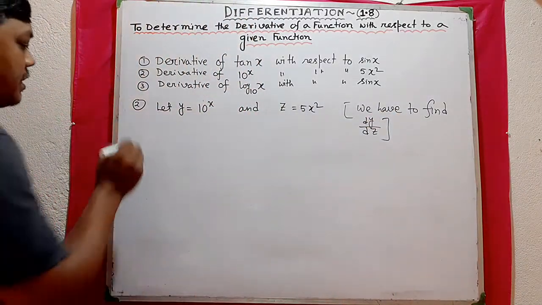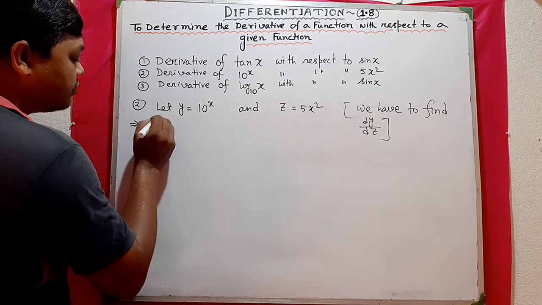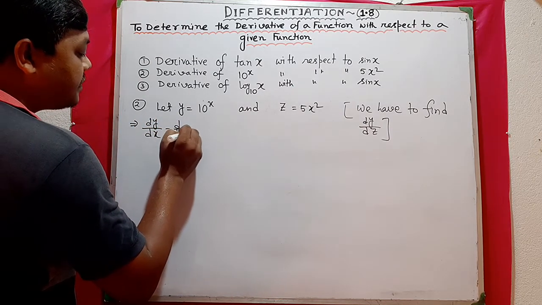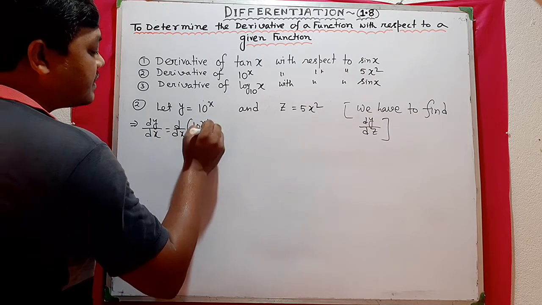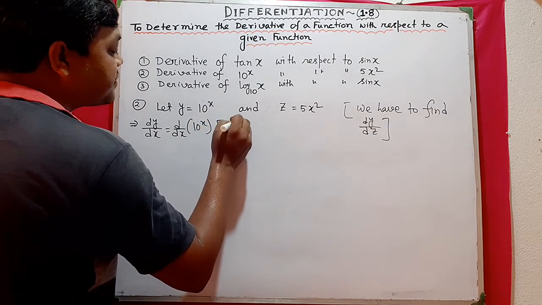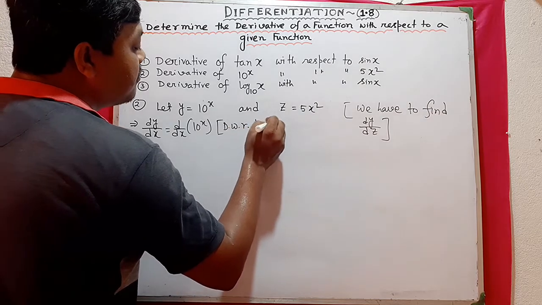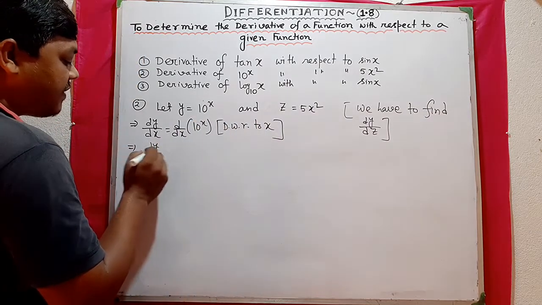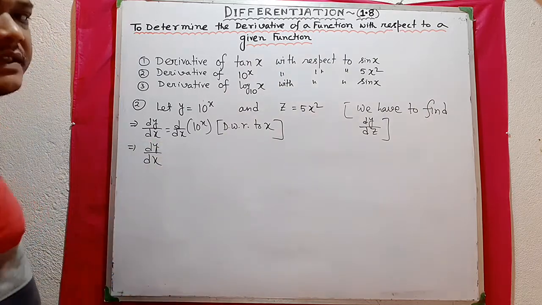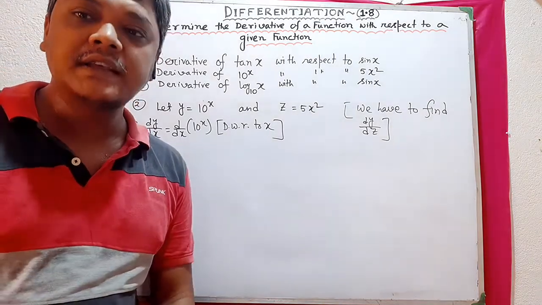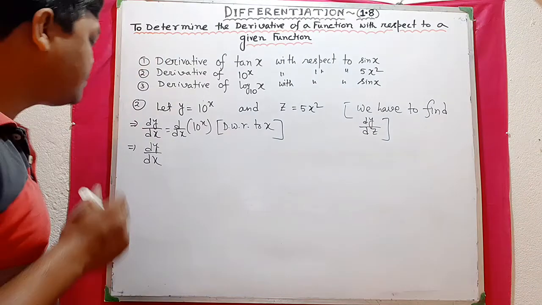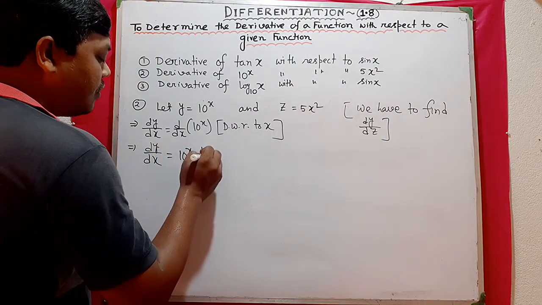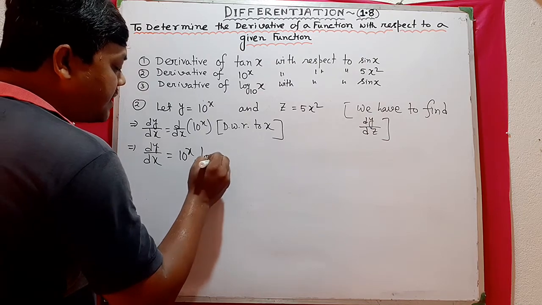So now dy/dx equals d/dx of 10 to the power x. Now differentiate with respect to x, both sides. What is the formula for a to the power x? That is a to the power x log a base e. So 10 to the power x gives 10 to the power x into log 10 base e.